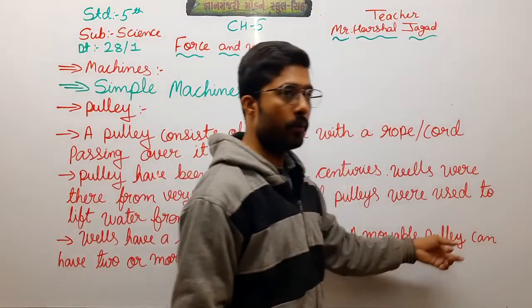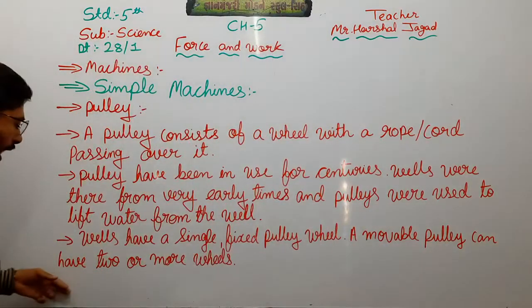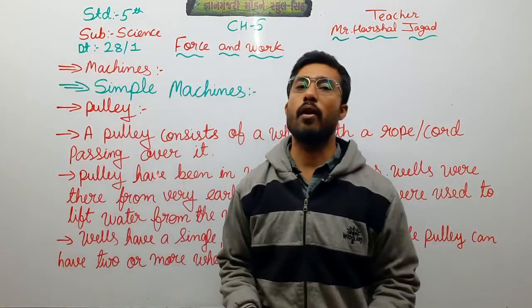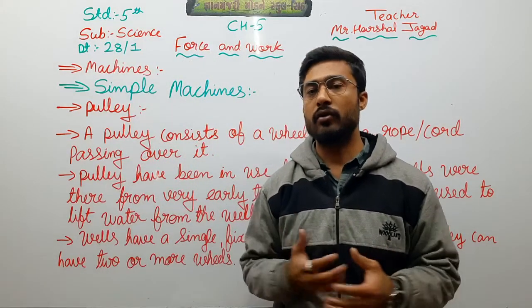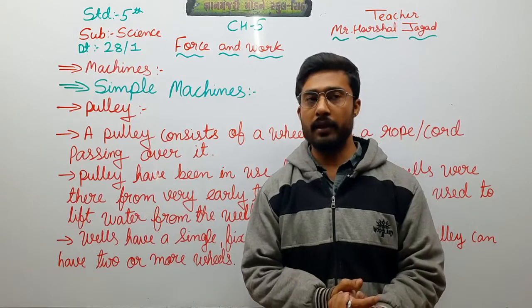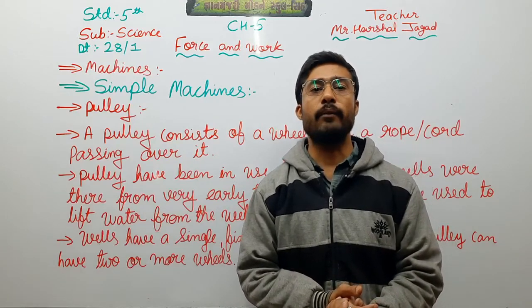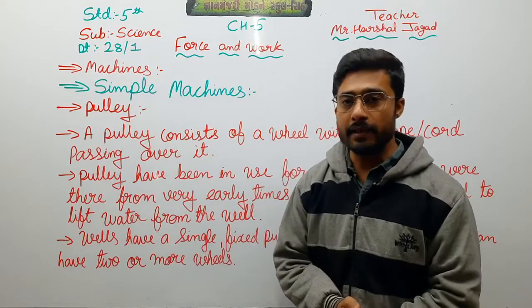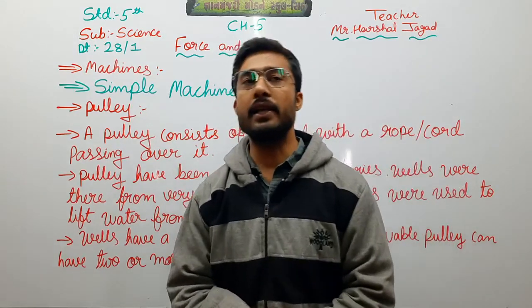A movable pulley has two or more wheels. Okay, it has two or more wheels. So here it is all about the pulley. We have all seen what a pulley is, okay. So pulley is used from very ancient times.